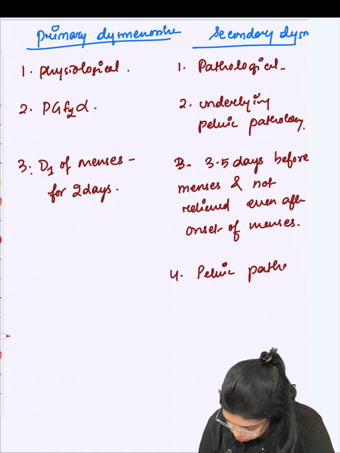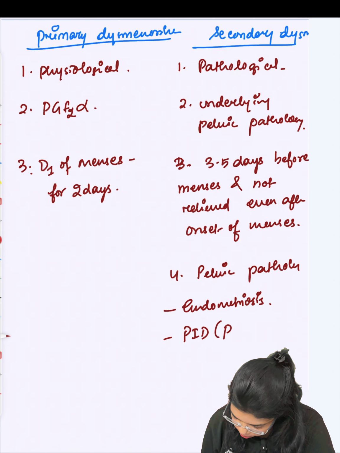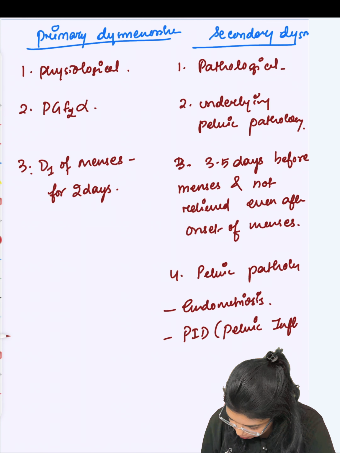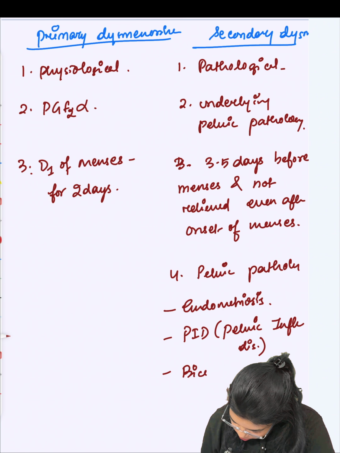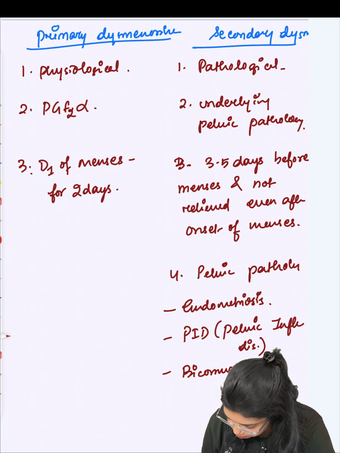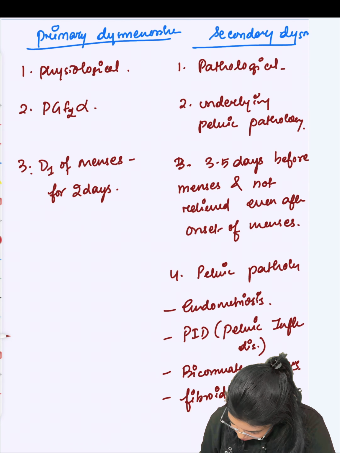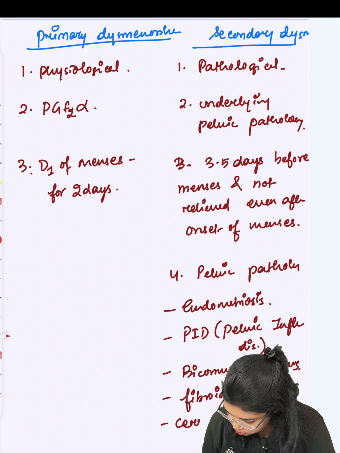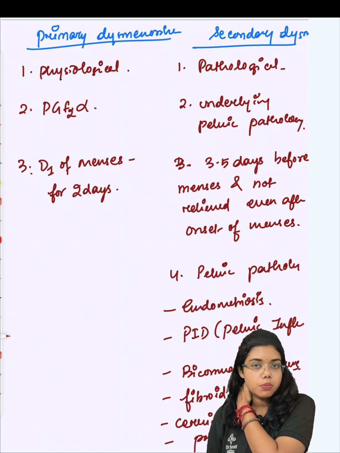All the pelvic pathologies like endometriosis, PID or pelvic inflammatory disease, then any congenital malformation like bicornuate uterus, fibroid uterus, cervical stenosis, cervical polyp or endometrial polyps. These are the pelvic pathologies for which secondary dysmenorrhea occurs.